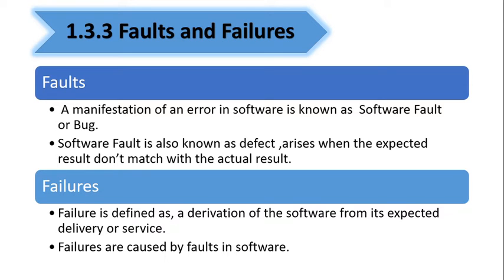A manifestation of an error in software is known as a software fault or a bug. A software fault, known as a defect, arises when the expected result does not match the actual result. A manifestation of an error is an error made by a human being, so it is the manifestation of an error.